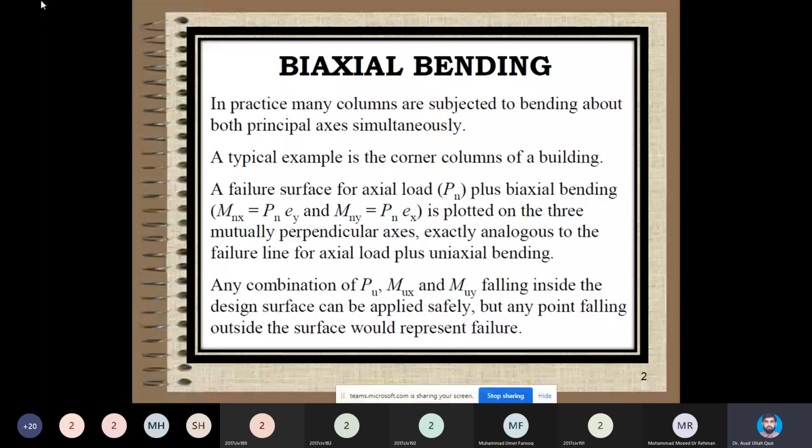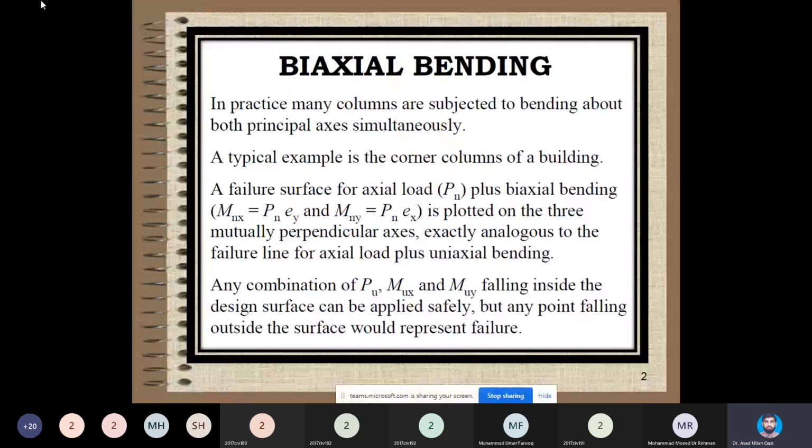So if we want to locate a point representing P, Mx and My, we need to work on a surface. So three mutually perpendicular axes: P is the load axis, the other two are moment axes, and where we get the intersection of points, that will represent a point on the surface.